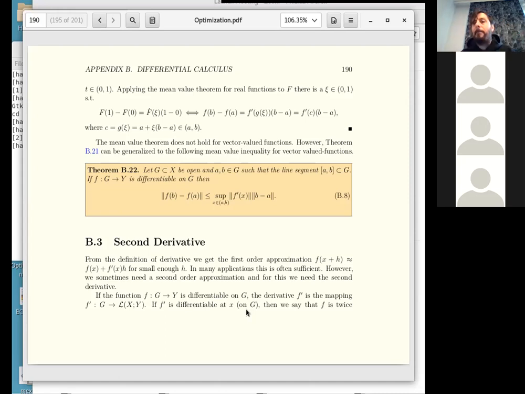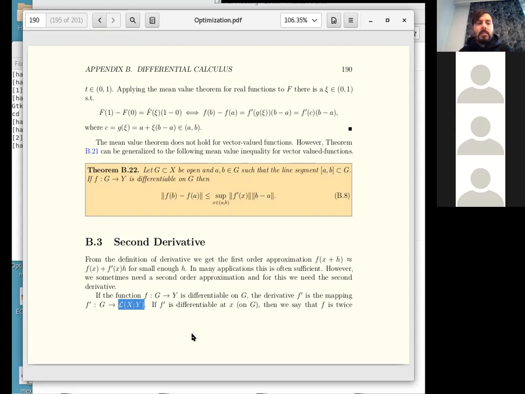Now, this mapping that maps each point in my space to the gradient can be differentiable. Now we're dealing with a mapping where this is a linear operation, but you can think of this as just a vector, that is the gradient.